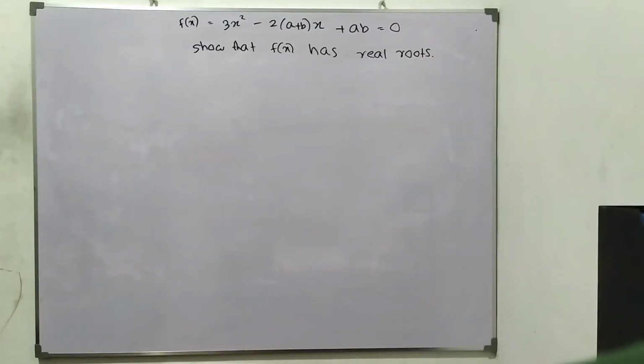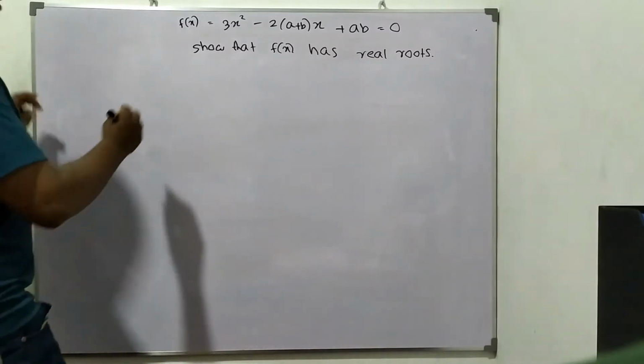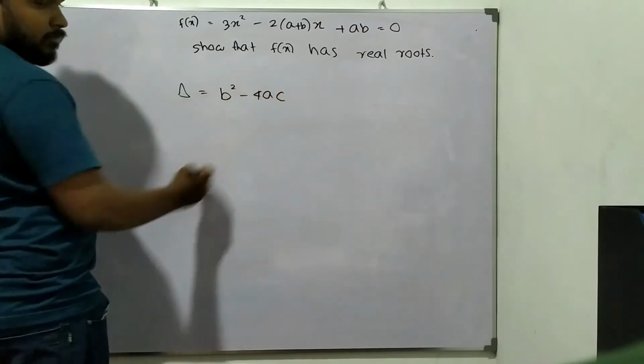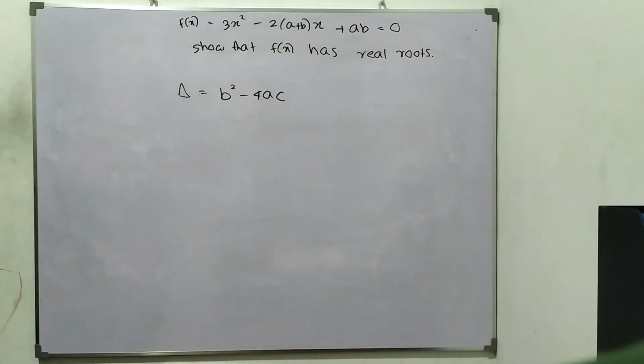Okay, this is another one. I don't remember the exam year, but f(x) equals 3x squared minus 2(a plus b)x plus ab. Show that f(x) has real roots. So once again you have to check the discriminant.